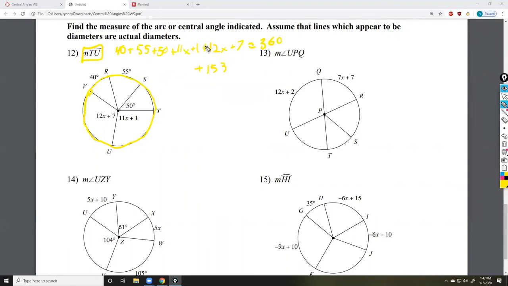Okay. And then I have 11x here and a 12x here. 11x and 12x, that gives me 23x equals 360. So then I'm going to subtract.